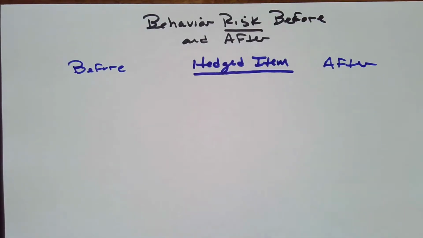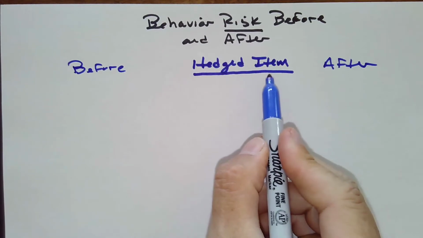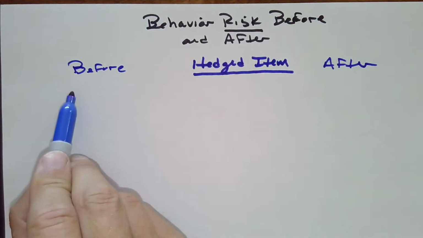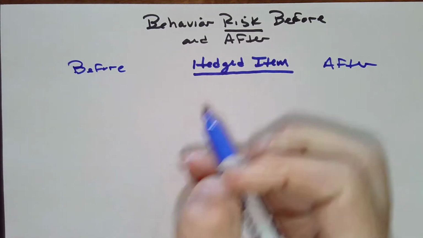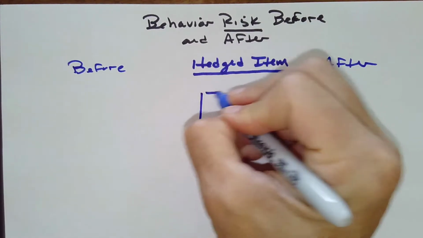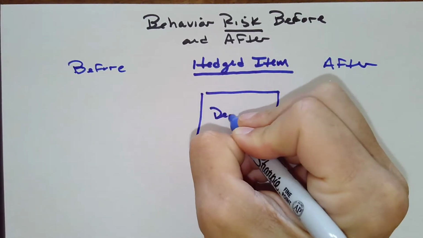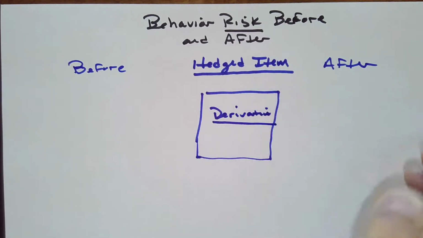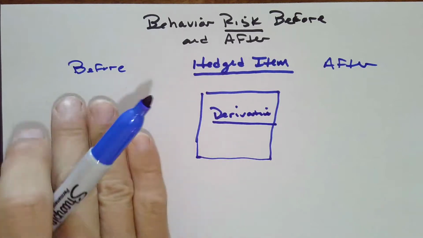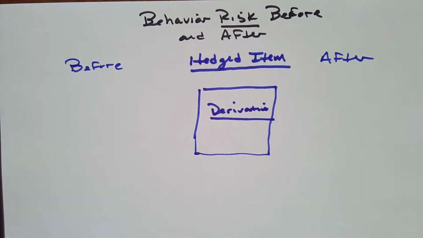So when I'm looking at the hedged item, I look at the cash flows before I put on the derivative. I put the derivative on, and then how does the cash change?